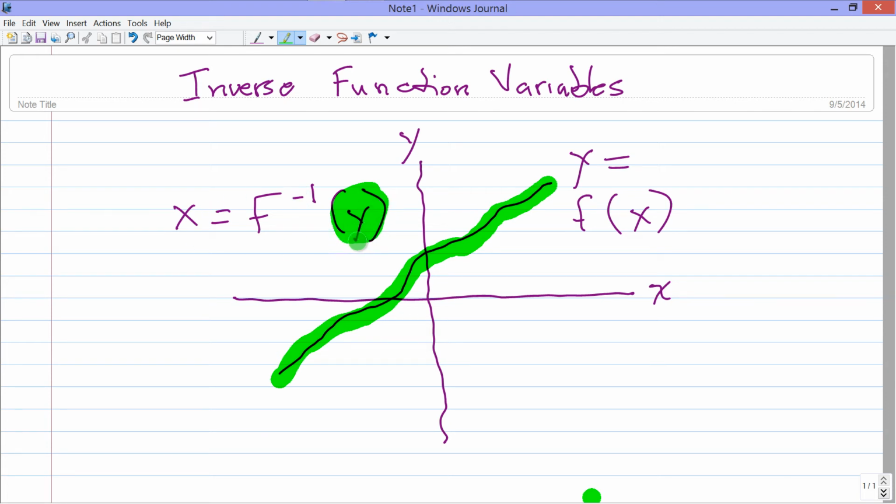Well, in this particular case, I use y as the variable and not x because we have an xy plane like this. And if we swap the axes and swap the function, we get x as a function of y. And that function, f minus 1, is the inverse of f.